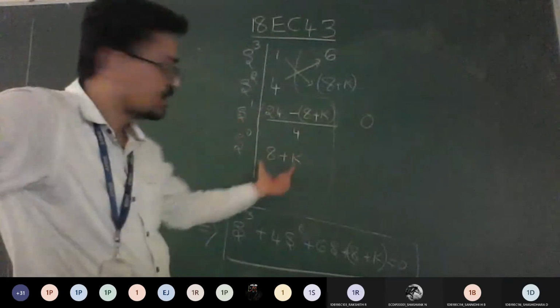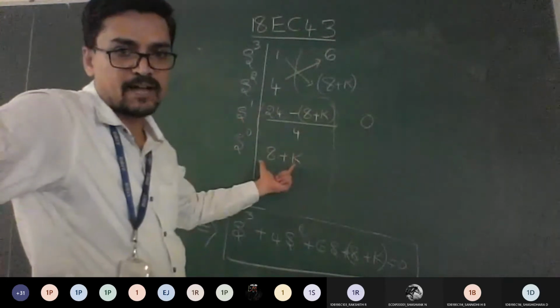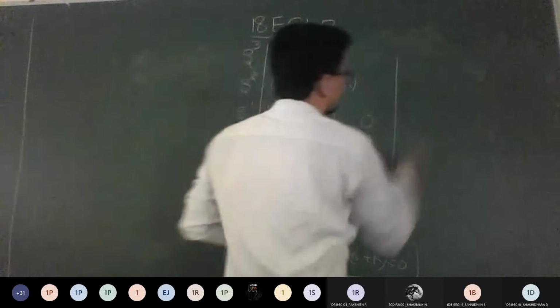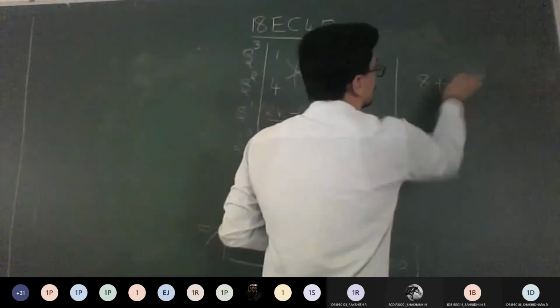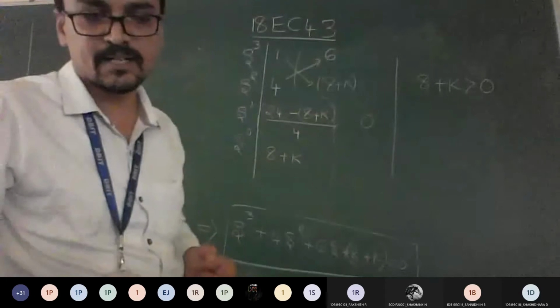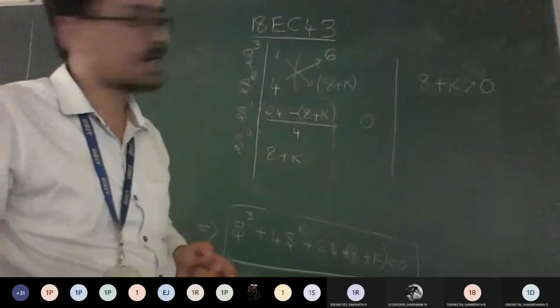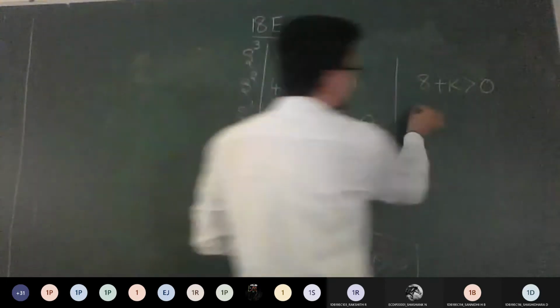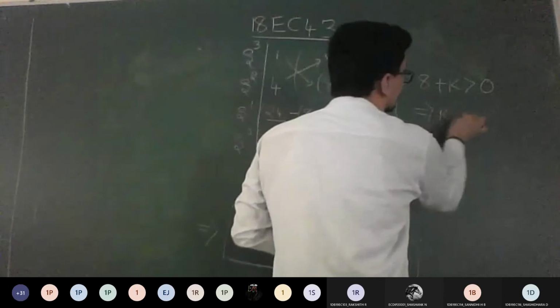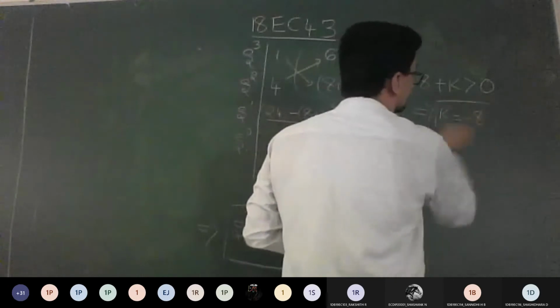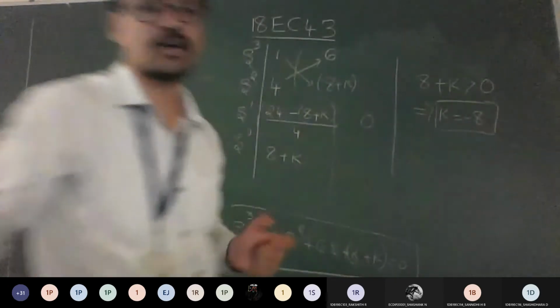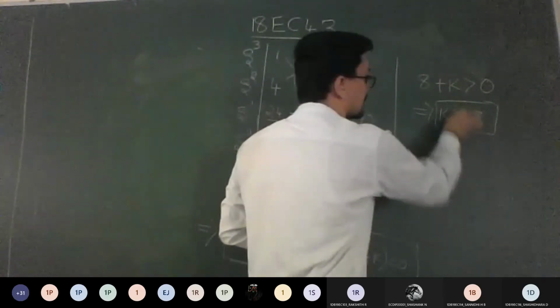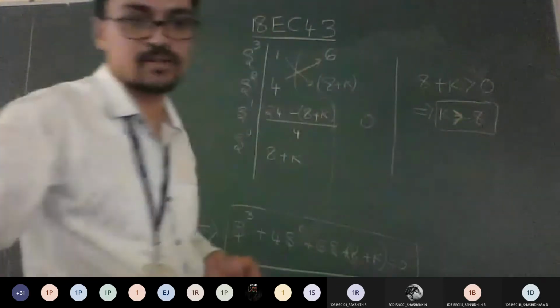For that, you take 8 plus k and consider the condition that 8 plus k should be greater than 0. So what are the values of k from this now? Is it equal to minus 8? Yes or no? Not equal to, it's greater than. So k should be greater than minus 8. That is 1. Is it okay?